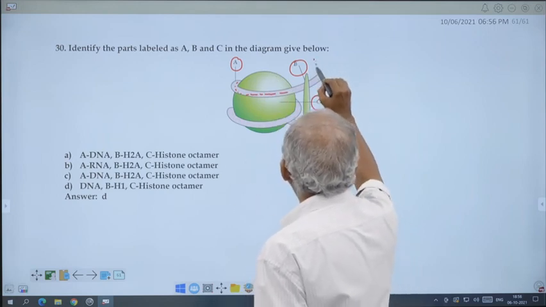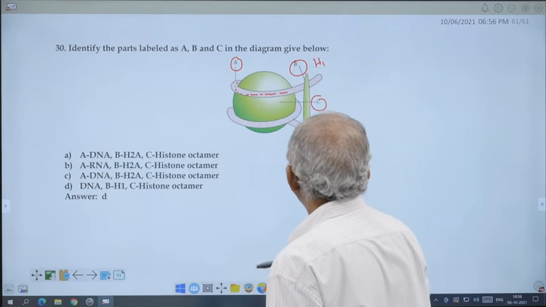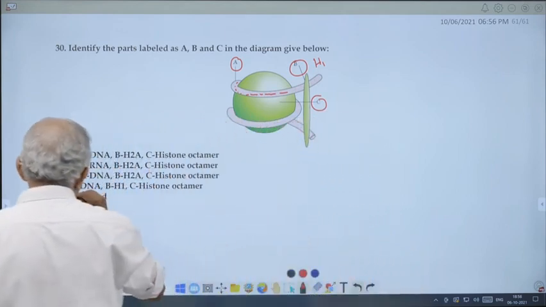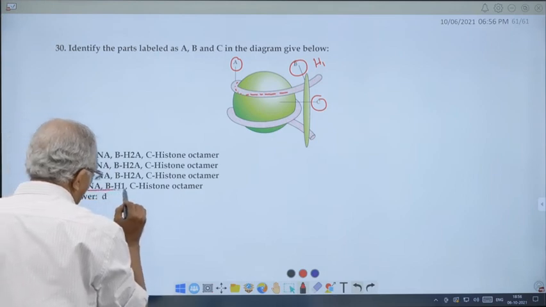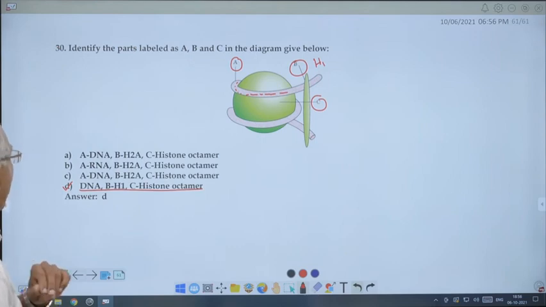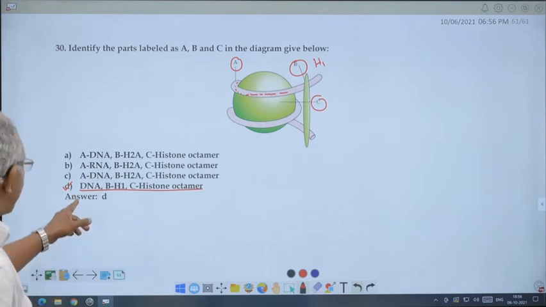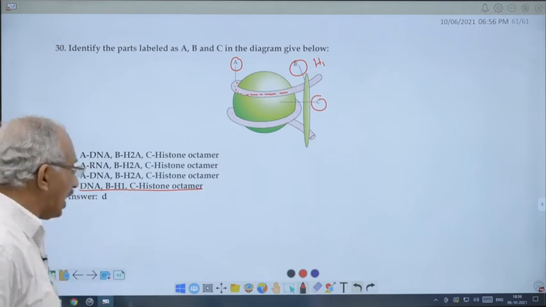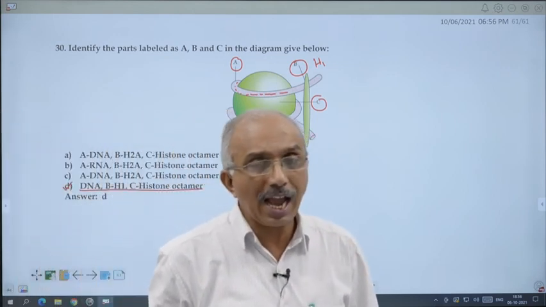B is H1 histone. C is the histone octamer.